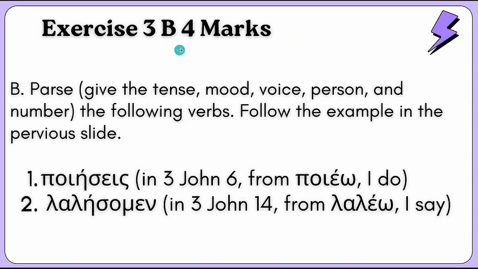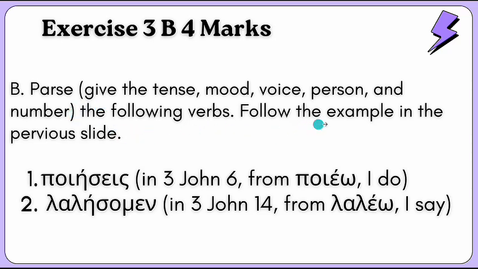Exercise 3B. Now you will do this exercise and it will have 4 marks. What you are going to do is parse. Let me repeat it again: parse. Give the tense, mood, voice, person, and number.